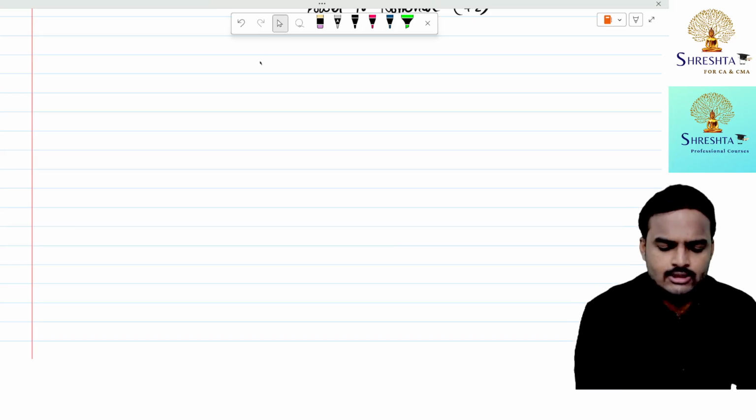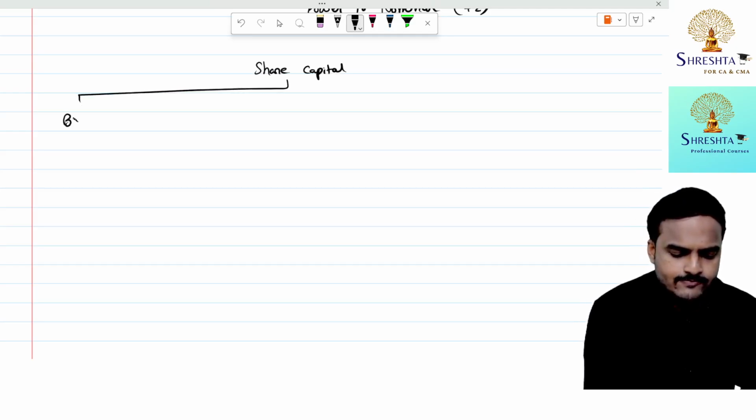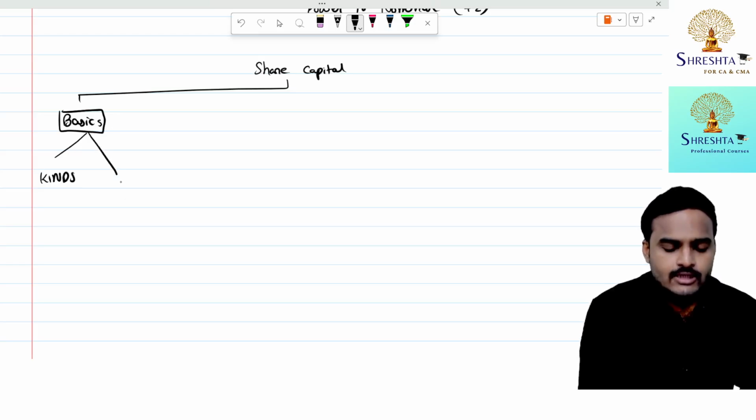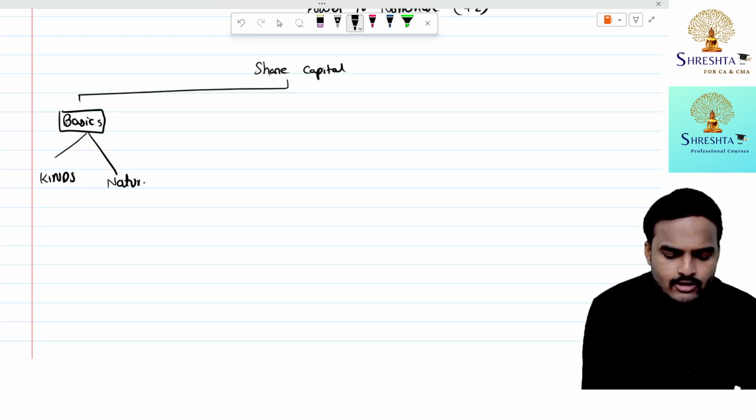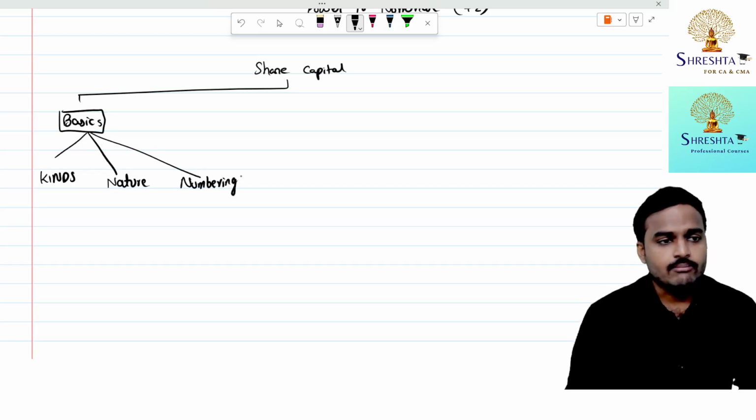Now next one, share capital. Basics. First of all, kinds of shares, equity and preference. Next one, nature of share or debenture. And next one, numbering of shares.